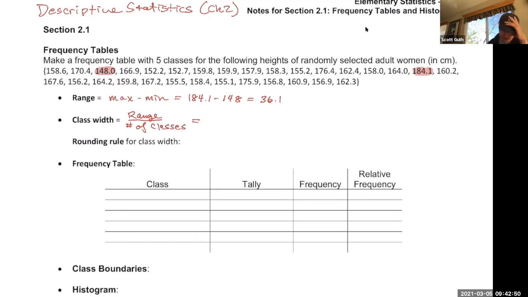So here, the range is 36.1. And if you look up above, it says that there are 5 classes. We usually do 5 to 10 classes. But this time we're going to divide by 5.